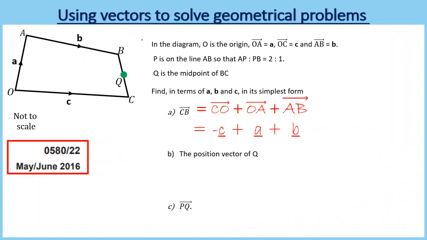Point Q divides vector CB with a 1-to-1 ratio, therefore, vector CQ is equal to 1 divided by 2 multiplied by vector CB. The position vector of point Q is the vector that begins at the origin and ends at point Q, which is vector OQ, and to obtain it, we must travel from point O to point Q via vectors OC and CQ.